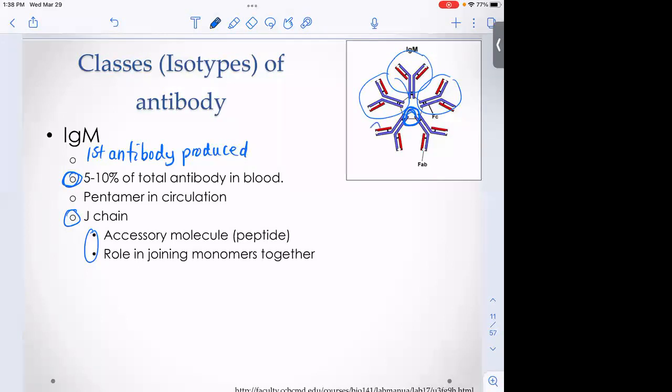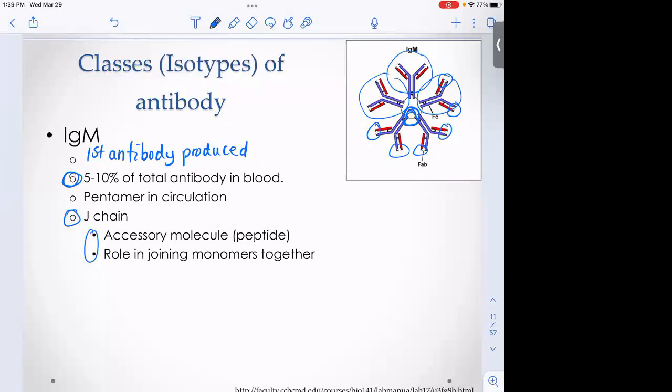But there's 10 binding sites here. And again, all those binding sites are recognizing the same antigen. So this kind of antibody is going to be really good at clumping a lot of different antigen together. So we'll talk about that more in a minute.